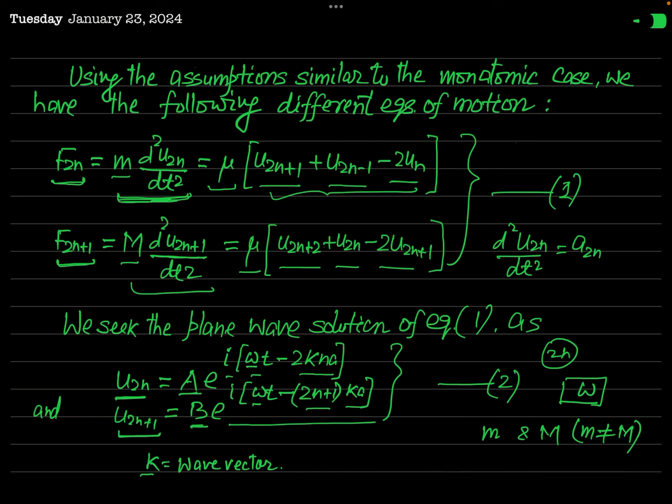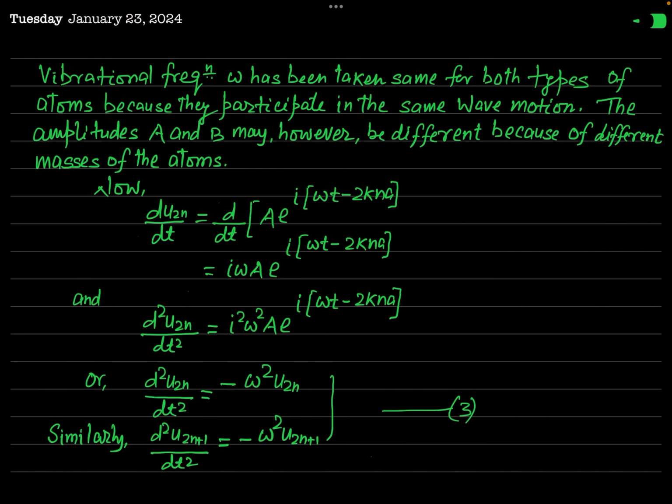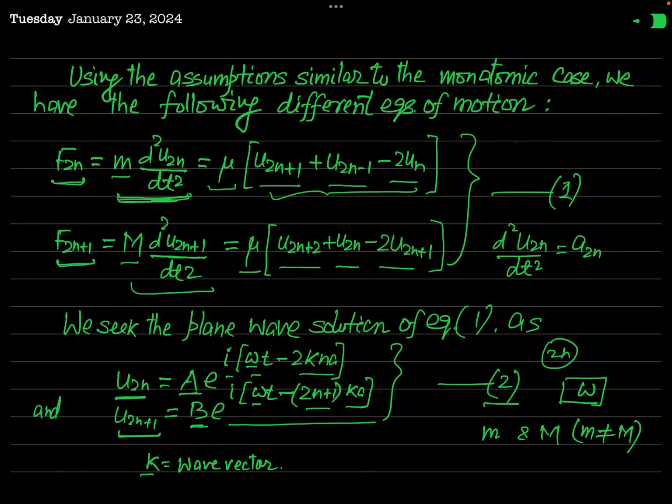Now using this equation 2, you can find these accelerations by simply differentiating equation 2 two times with respect to t. So let us differentiate the first part of this equation 2, that is this u2n, two times with respect to time t, to get the acceleration of the 2nth atom.